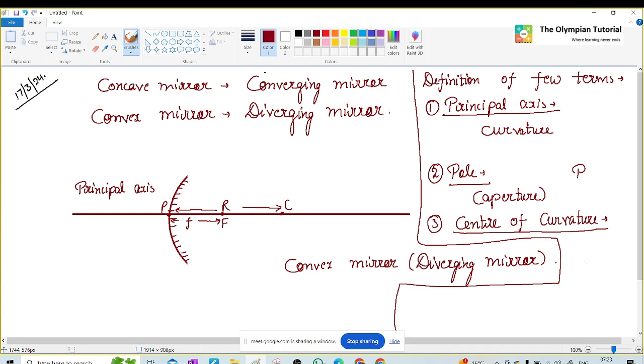However, for a convex mirror, the center of curvature is not a part of the mirror. It lies outside its reflecting surface.